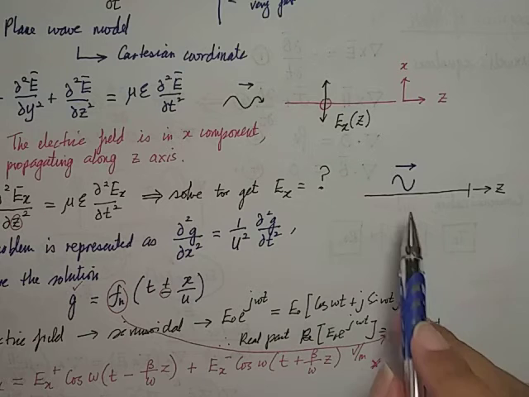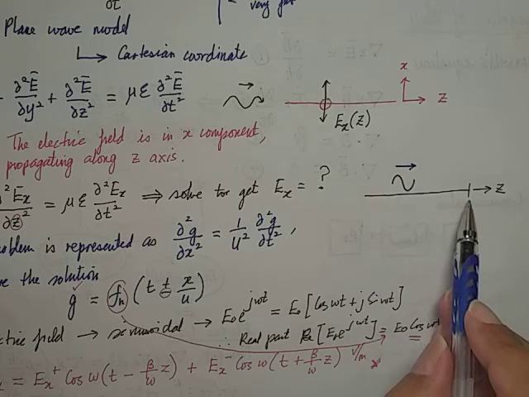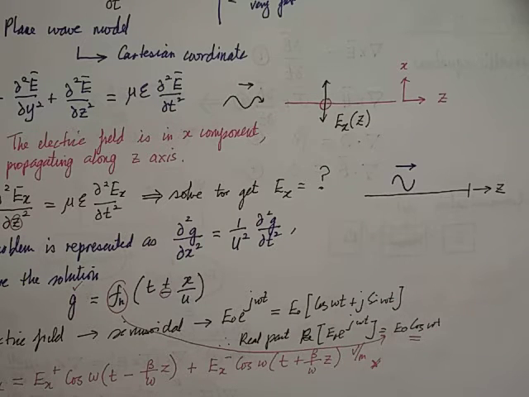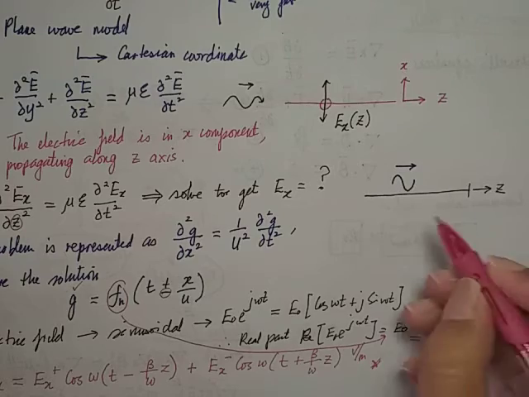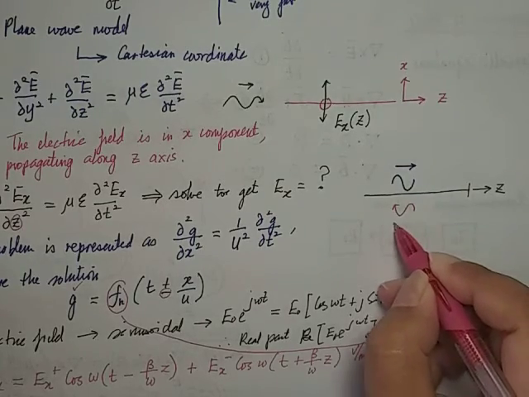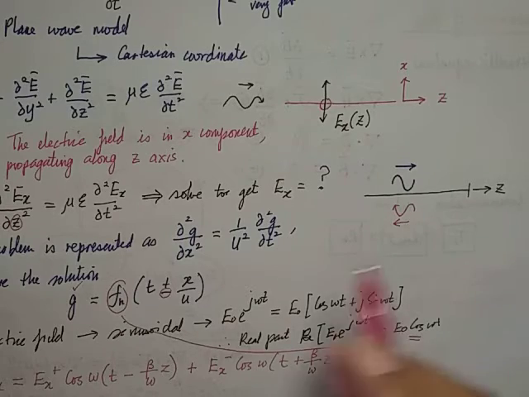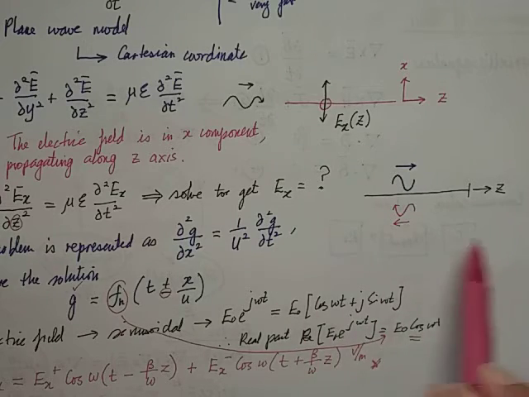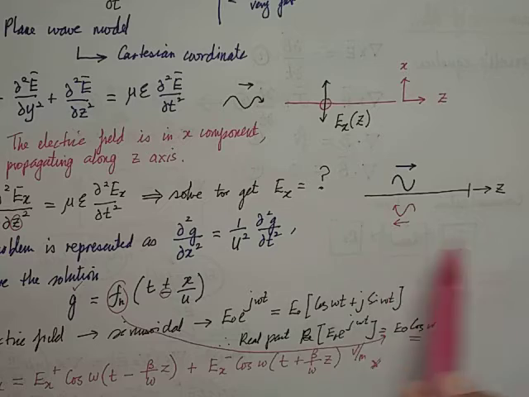When this wave arrives at the end of the string, what happens to the wave? It's going to be reflected back in these directions. So this is actually what you're going to have: the wave moving along the string in such a complex manner.